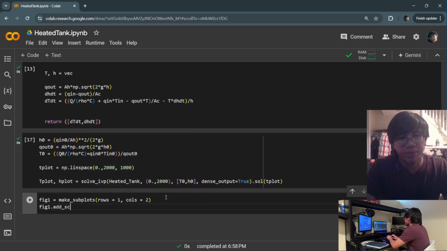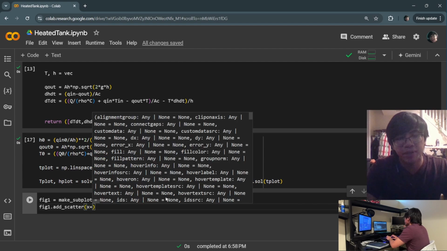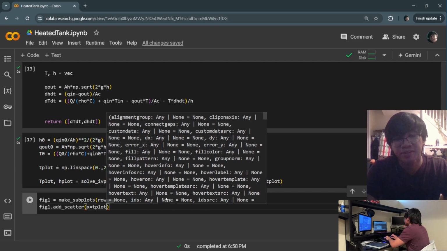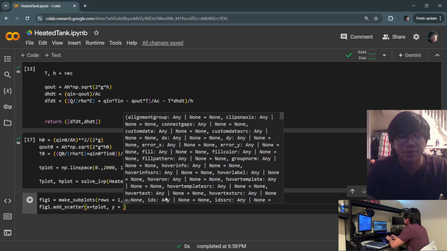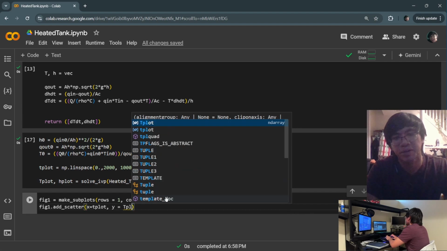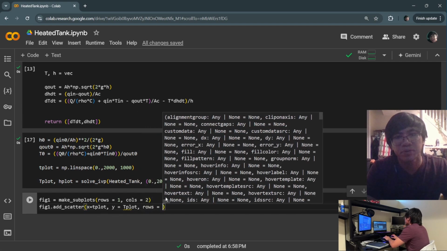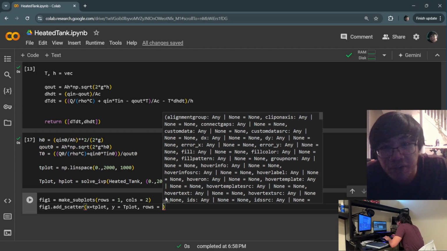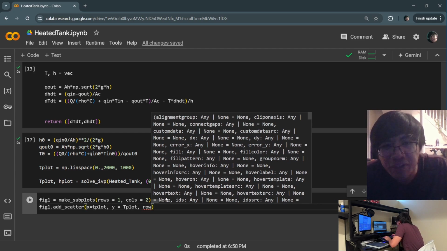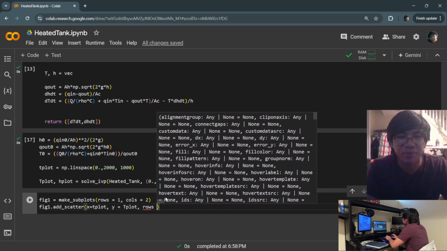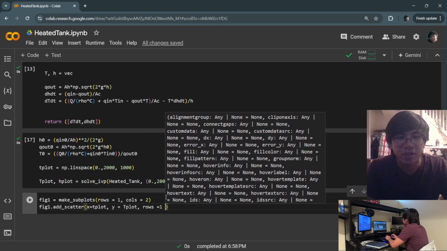So this is just adding our data points to those plots. We have x as our time, t plot, y is equal to our temperature plot. We need to add both, but we'll do t plot first, and then define our rows. Rows is equal to 1, and this will be the first column.